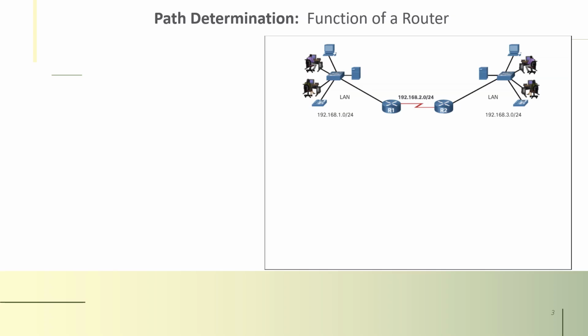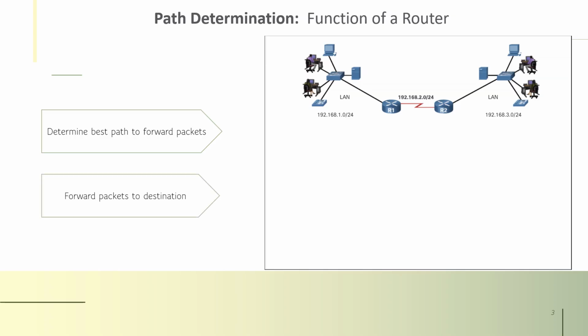So, the primary function of a router is to determine the best path to forward packets to the destination based on the information that it has in its routing table, and the second function is to forward these packets to the right destination.